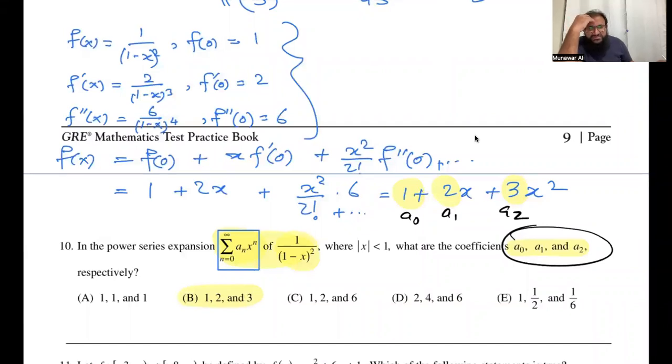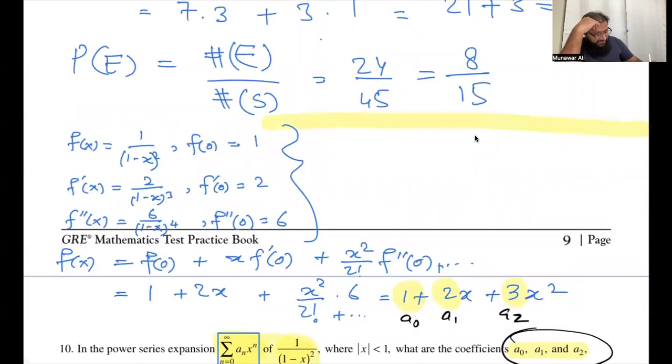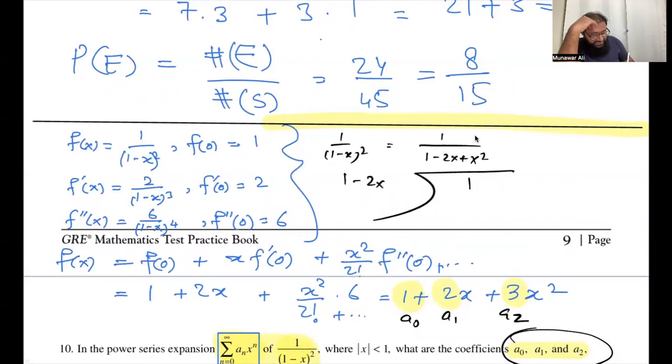Okay, I think this makes sense, but if you want, you can go for another way, and let me give you that in a quick way. So I have 1 over 1 minus x whole square, which I can write as 1 over 1 minus 2x plus x square, just expanding. So I'm dividing 1 by 1 minus 2x plus x square. It's just simply the division. 1 minus 2x plus x square, and then you have to subtract.